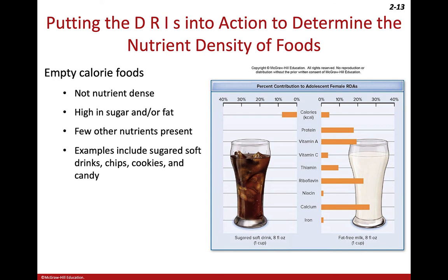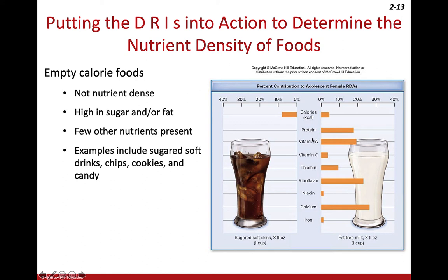Now, what we're looking at here is comparing the nutrients between 8 ounces of a sugared soda versus 8 ounces of fat-free milk. And notice the only thing that you're getting out of the overall soft drink is calories, energy.